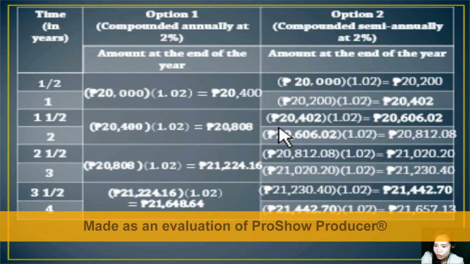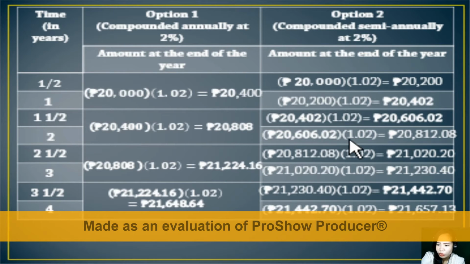In option 2, for another 6 months after 1 year, you have the earning from the previous 1 year, which is 20,402, you multiply it by 1.02, so the answer is 20,606 pesos and 2 centavos.